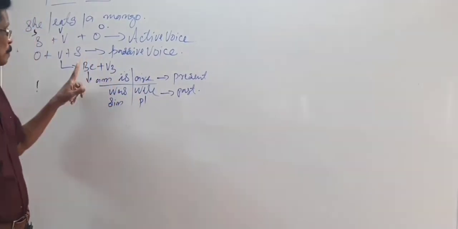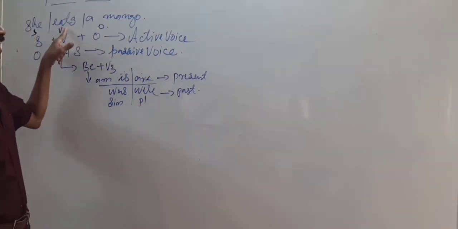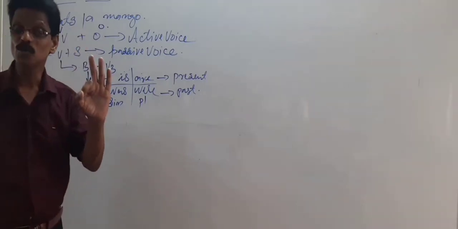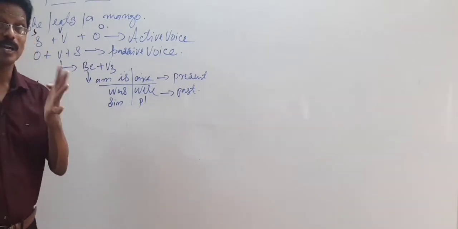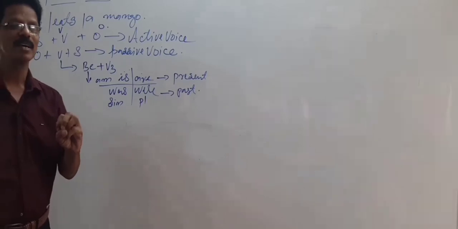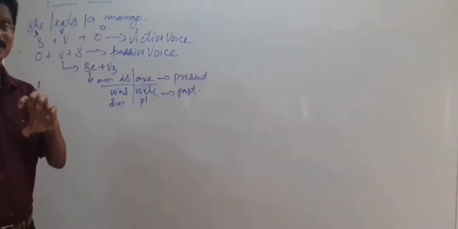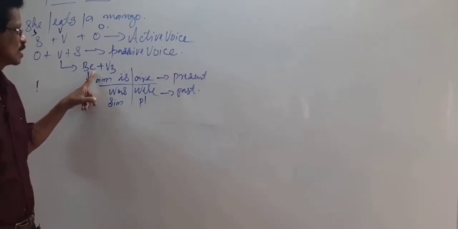So you have to use a be form, any of these forms, according to the tense of the verb and the number of the subject. Understand very clearly, to change a verb from active to passive voice, the be form should be used: be plus V3.